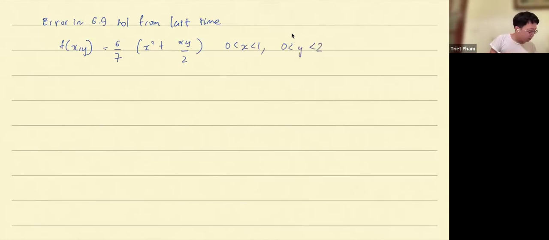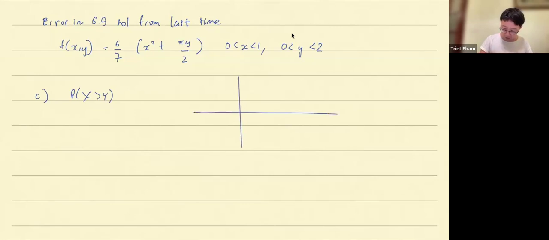And I think a question like question C asks you to find the probability that x is bigger than y. And so while it's pretty straightforward as in what you should do here, what you expected to do, what happens is the following.